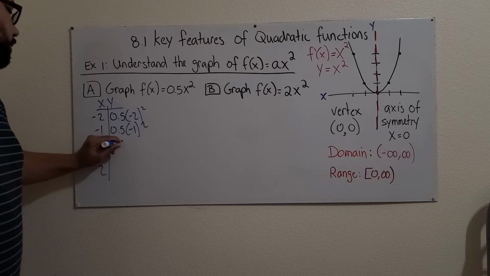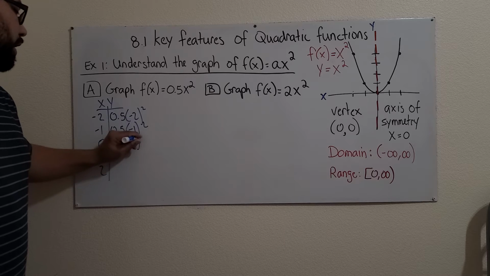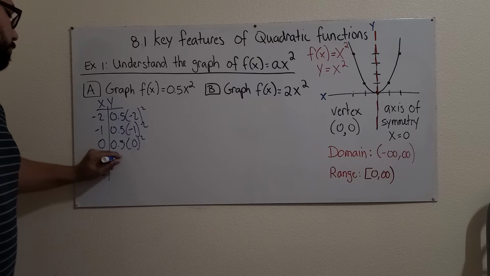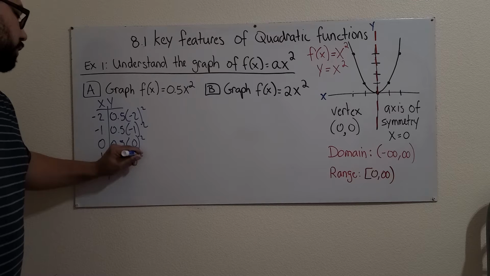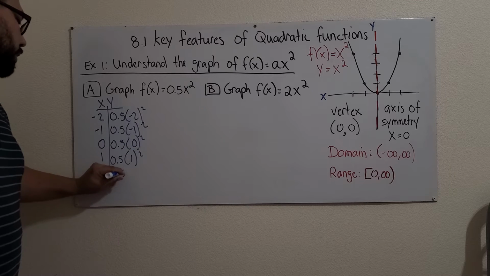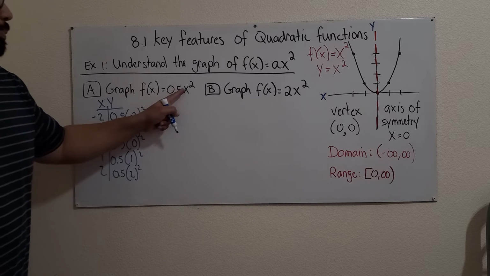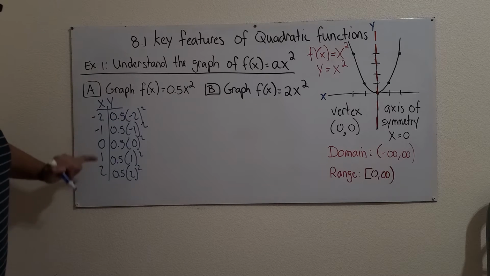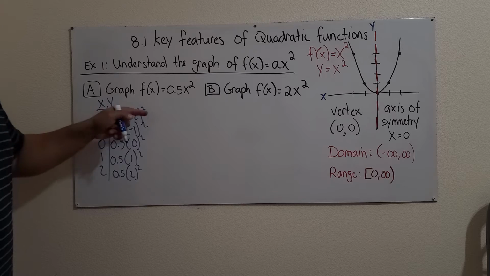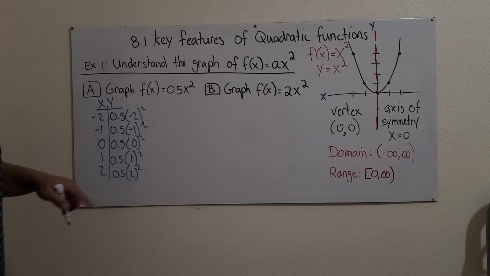If you plug in 0, it'll say 0.5 times 0 squared. You plug in 1, it'll say 0.5 times 1 squared. And finally, you plug in 2, it'll say 0.5 times 2 squared. So all I did was replace these x's with negative 2 all the way to positive 2. Now let's solve these real quick so we can go ahead and graph this thing.